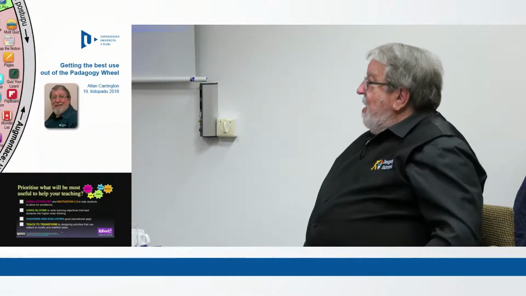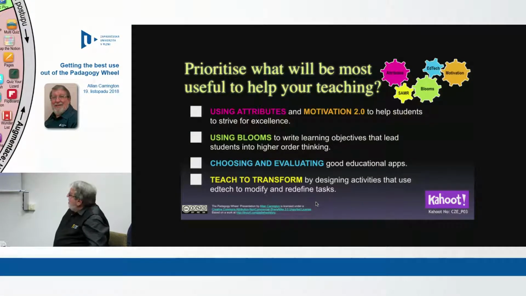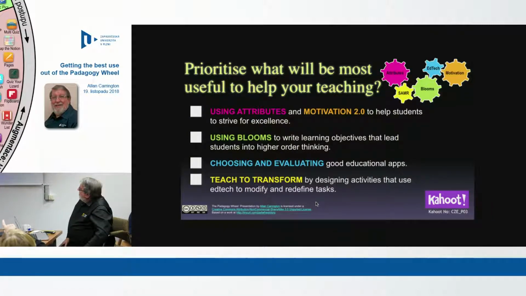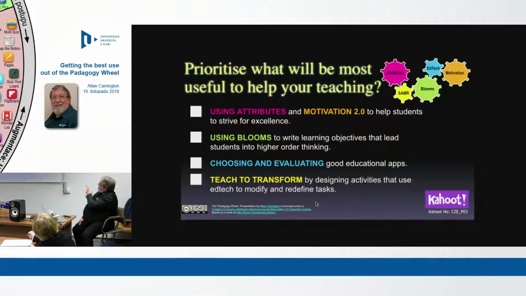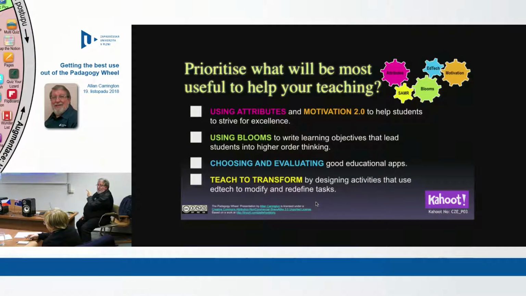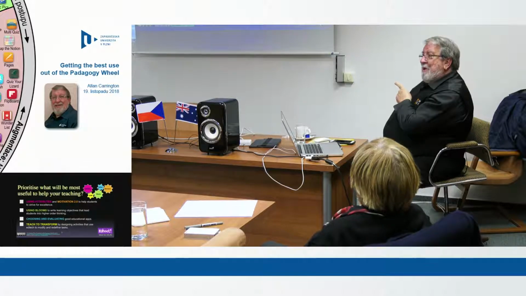So the highest number is 15 for number 4, and the next one, choosing and evaluating, is 13. So the most requested one is number 4, SAMA. That's not what I thought would happen.